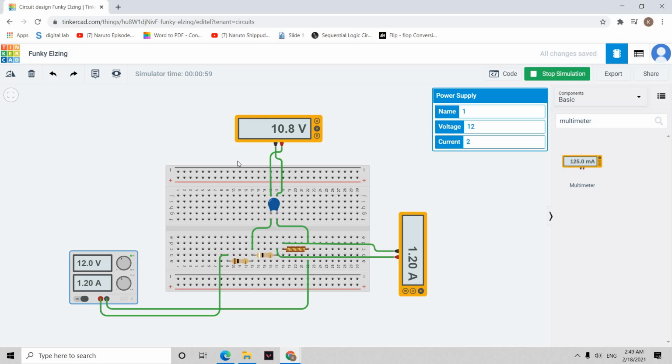The reading for the voltage across the capacitor is 10.5 volt, and the current across the inductor is 1.2 ampere.